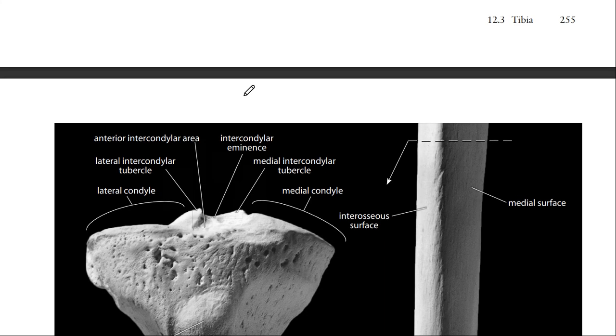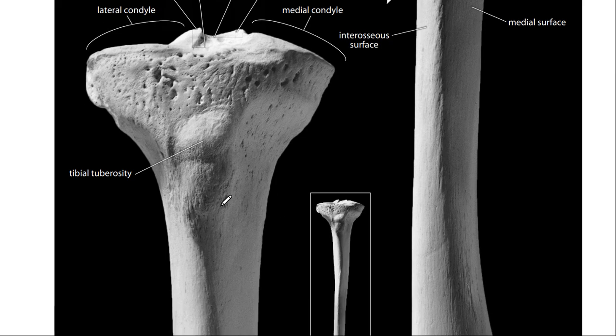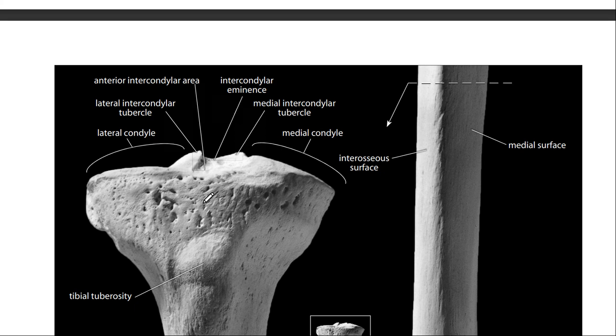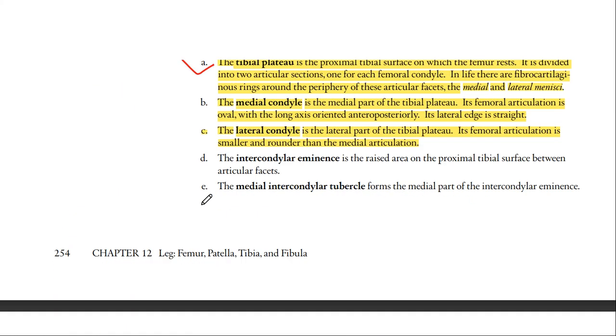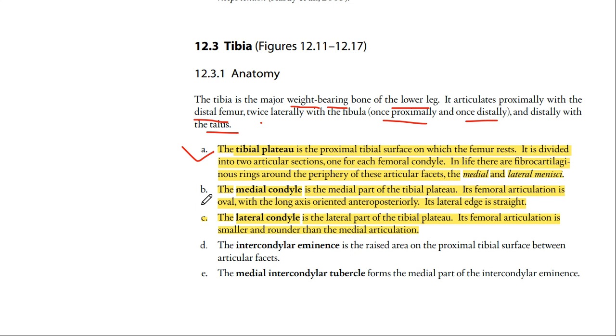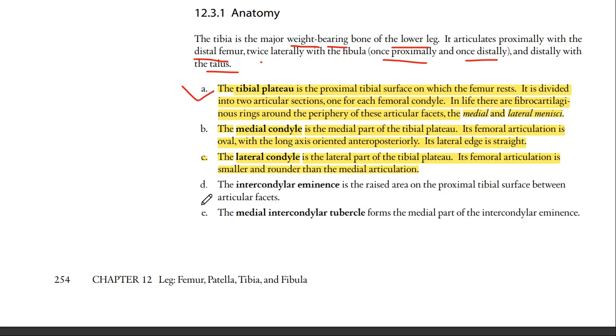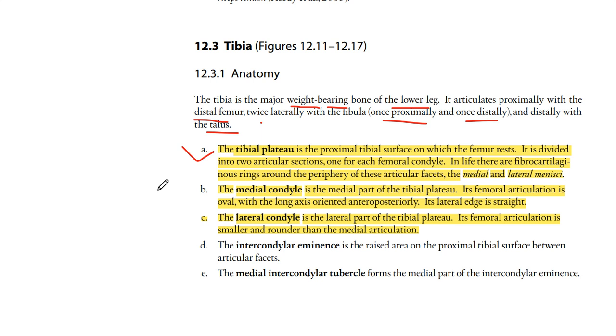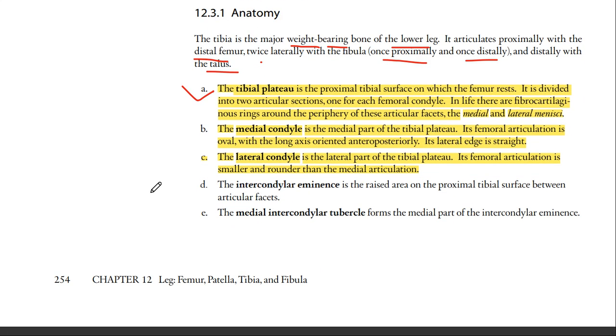Let's see from the view. Okay, when we have seen femur, the bottom or the distal end of the femur had different condyles, and there was a sort of groove-like structure which has an articulation for the tibia.